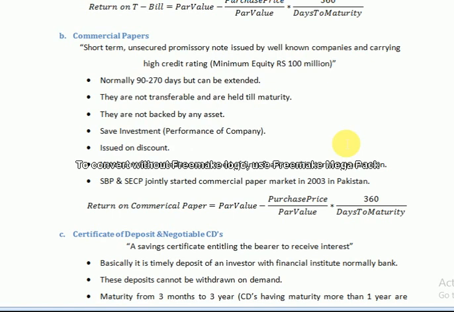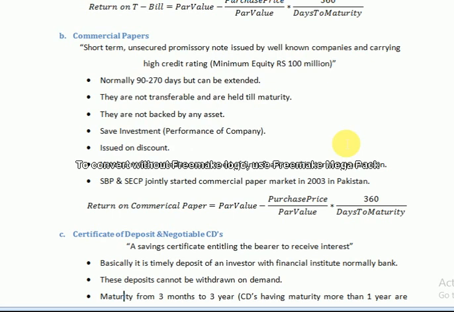The question comes to mind: why do corporations issue commercial papers? We can say, what are the advantages or benefits of commercial papers?